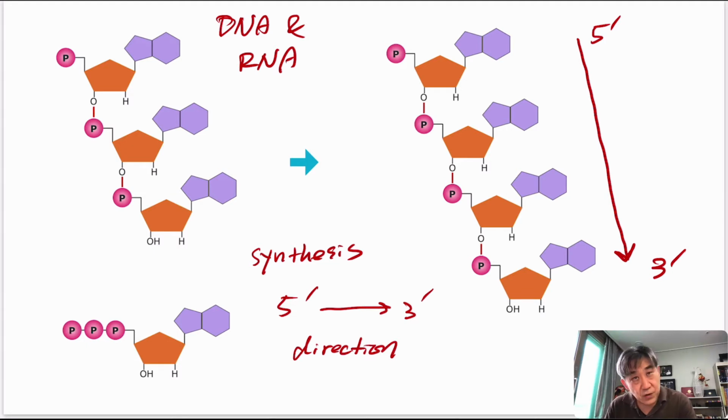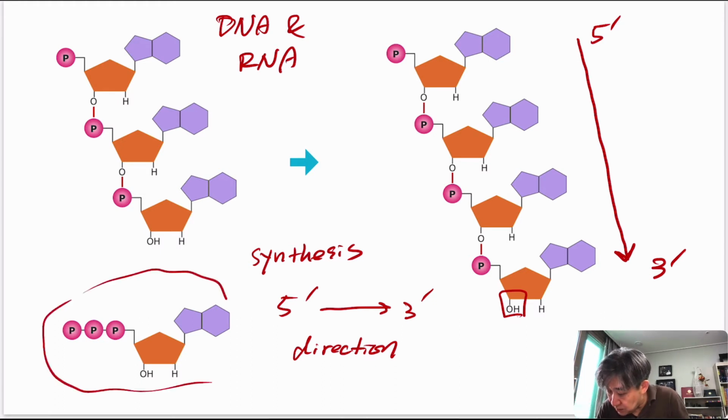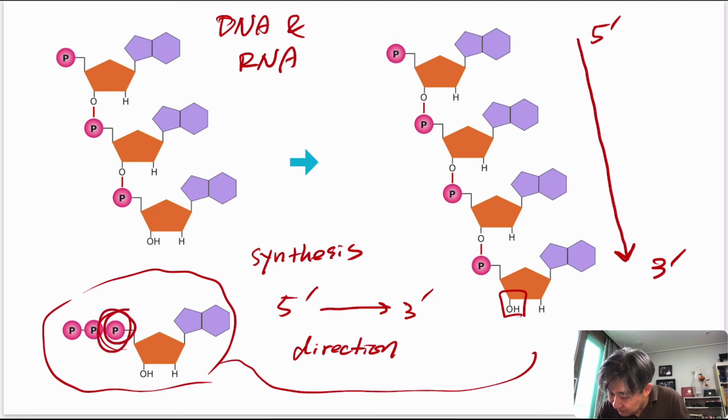And hopefully you understand the reason why, because the synthesis is dependent upon the formation of this so-called phosphodiester bond, which should occur between the existing nucleotide, the last nucleotide's 3' hydroxyl group, and the incoming new nucleotide's 5' phosphate group. So if you keep doing this, the direction of the new nucleotide addition will always move from 5' to 3' end. So that's the convenient way of describing the direction of nucleic acid.